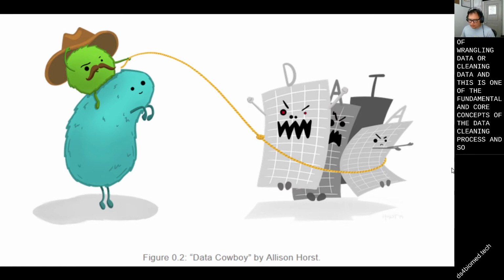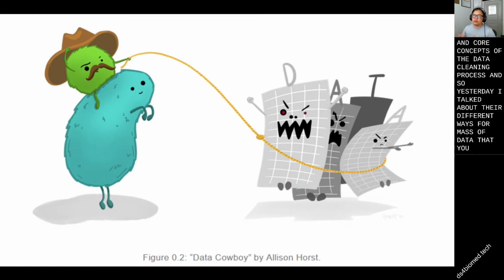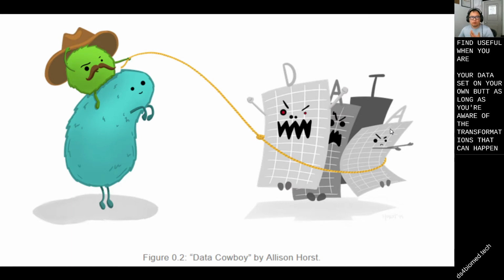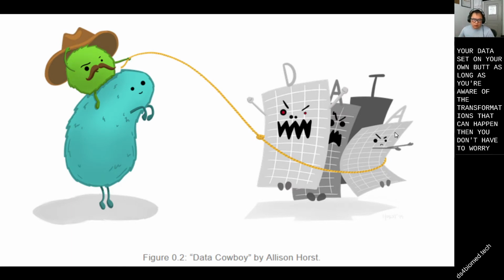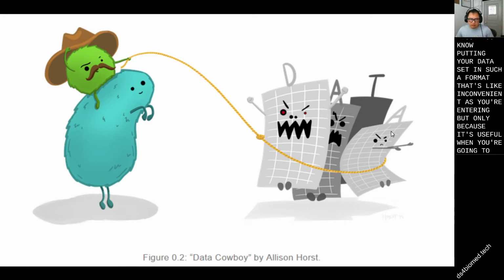And so yesterday I talked about there are different ways or formats of data that you might find useful when curating your data set on your own. But as long as you're aware of the transformations that can happen, then you don't have to worry about putting your data set in a format that's inconvenient as you're entering it, but only because it's useful when you're going to do the analysis.